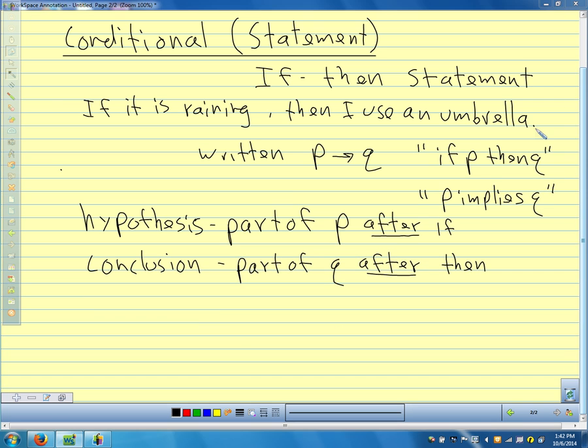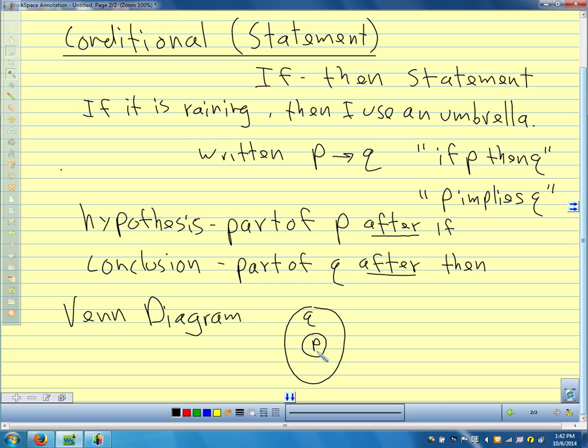And we can also write this in a diagram. We call it a Venn diagram. Sometimes you'll see them called an Euler diagram. The Venn diagram for this conditional statement is P is inside and Q is in the bigger circle.